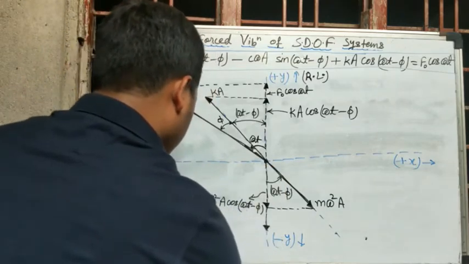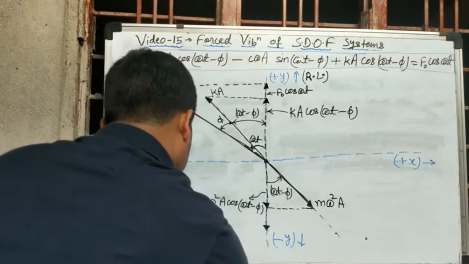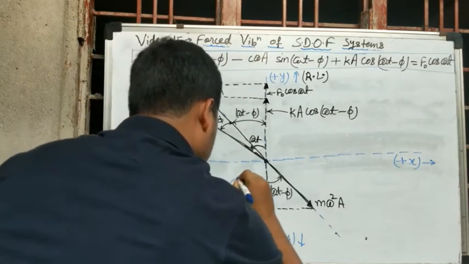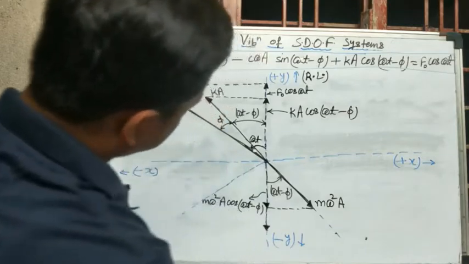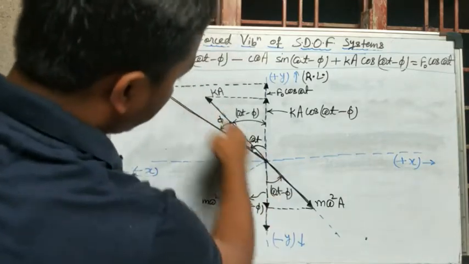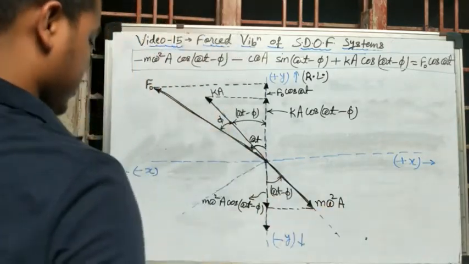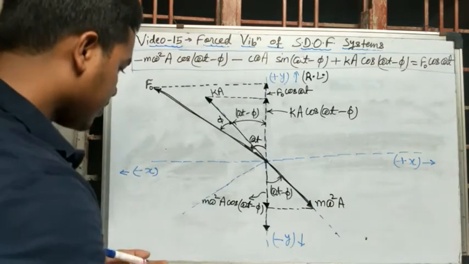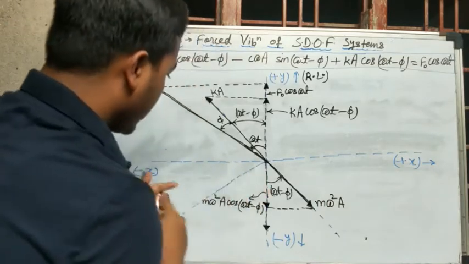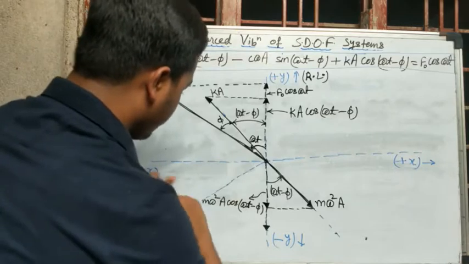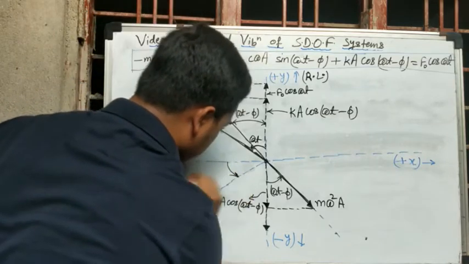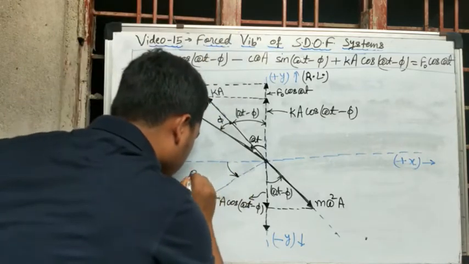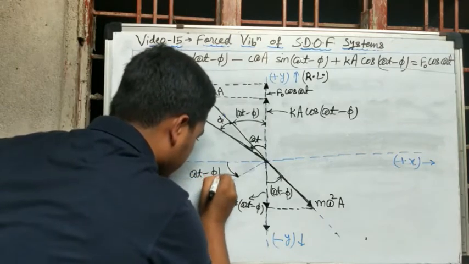So I'll draw a line which is exactly perpendicular to the line of action of Ka and m omega square. Now on this line, I'll assume that this angle from the horizontal axis is also equal to omega t minus phi.